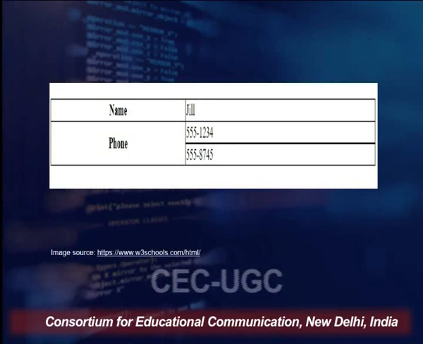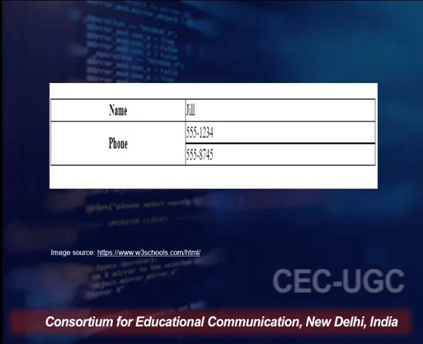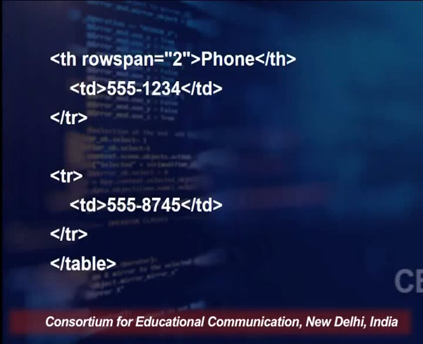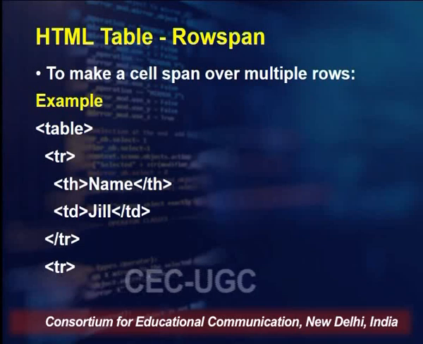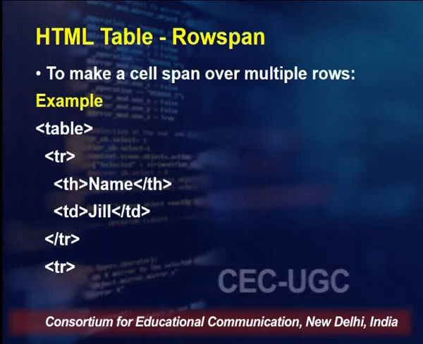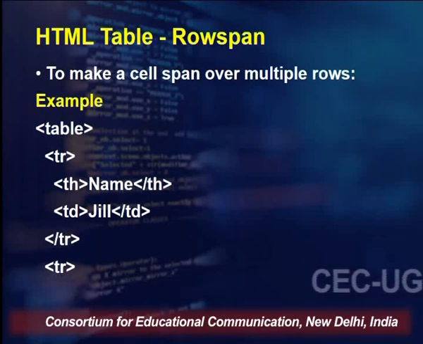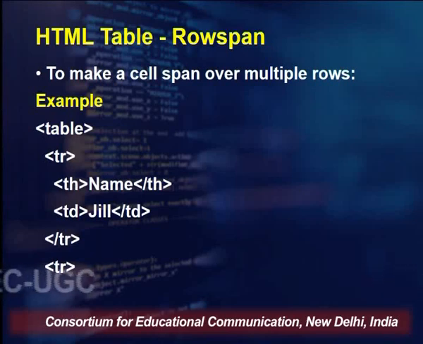So to have a relook at the code, please see this. We have TR with name within the TH and the simple data is TD. Here I am controlling the table headers onto the left side as the row headings.